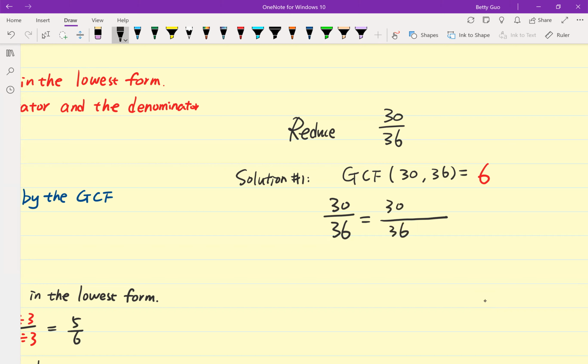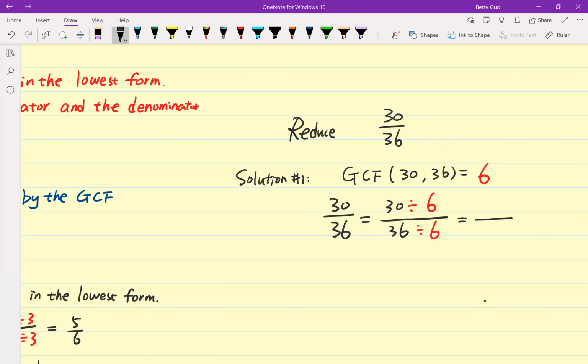We're going to divide the top by the GCF, divide the bottom by the GCF. We know this operation, like dividing both top and bottom by a non-zero number, will not change the value of the fraction, right? Let's see. Without changing the value, what will the fraction become?